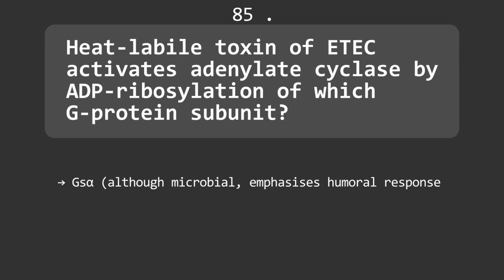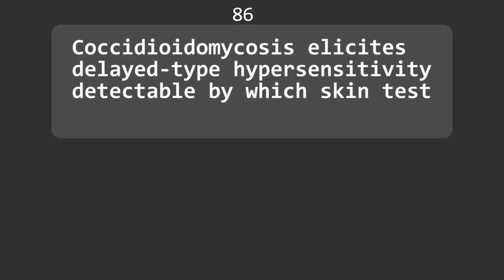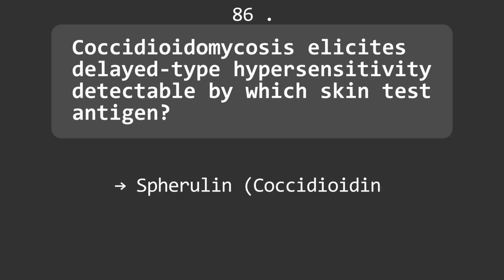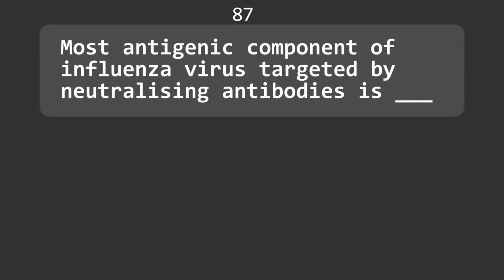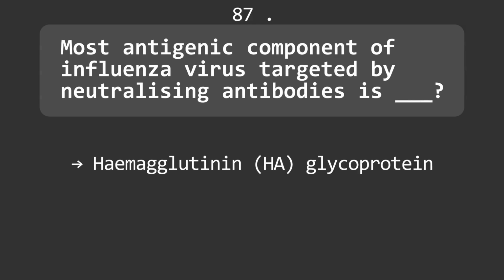Gs-alpha. Coccidioidomycosis elicits delayed type hypersensitivity detectable by which skin test antigen? Spherulin, coccidioidin. The most antigenic component of influenza virus targeted by neutralizing antibodies is hemagglutinin, HA, glycoprotein.